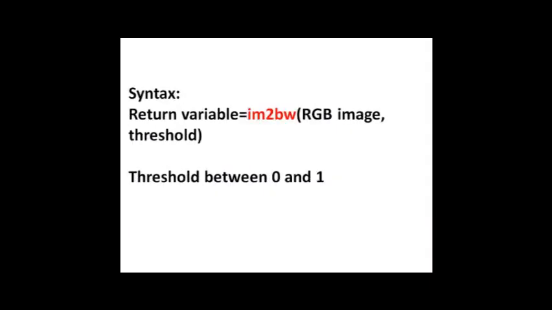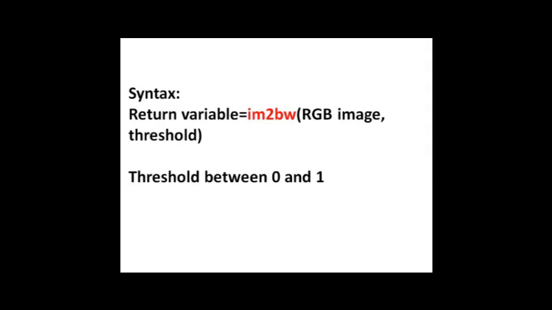The function im2bw receives two input arguments. The first one is the RGB image and the second one is a user-defined threshold, and we must provide a return variable which is going to hold the converted binary image.